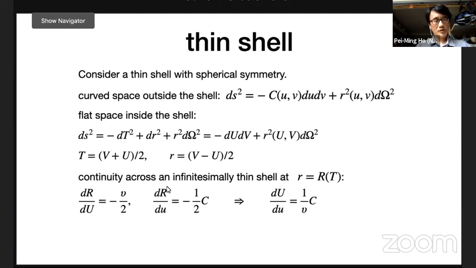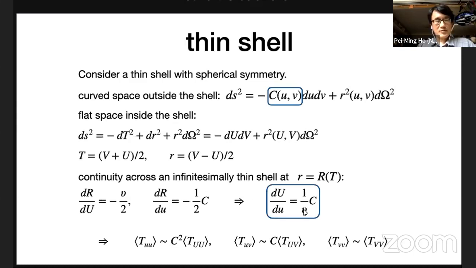And from the viewpoint of outside observers, it has a velocity determined by the metric of the external space. Taking the ratio of these two expressions, dR cancels, and you get dU over du proportional to the conformal factor C.